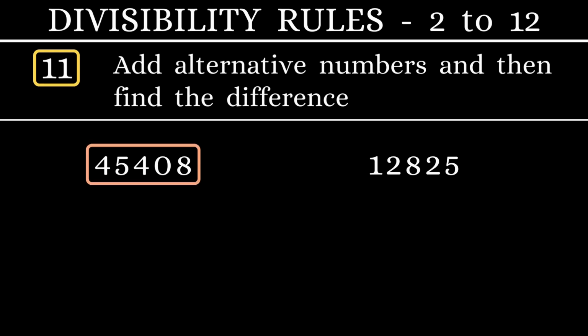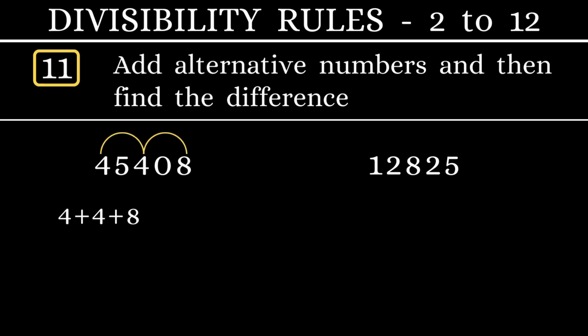First example, 45,408. First, let us add these digits. 4 plus 4 plus 8, 16. Then let us add the remaining digits 5 and 0.